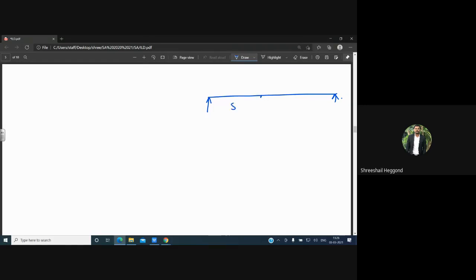The total span is 20 meter and the C point is at 5 meter distance from the left side, and a UDL of 10 kilonewton per meter is moving from left to right. Means it is moving from left to right.